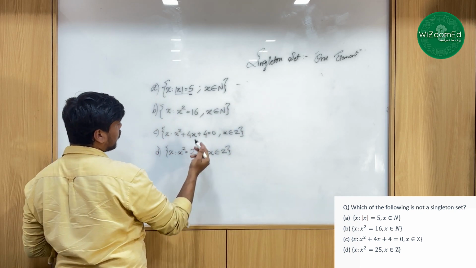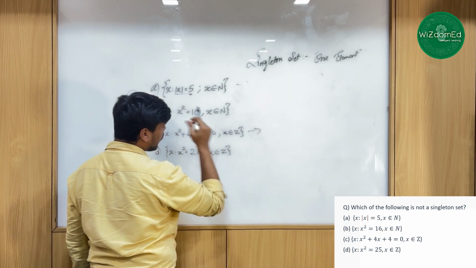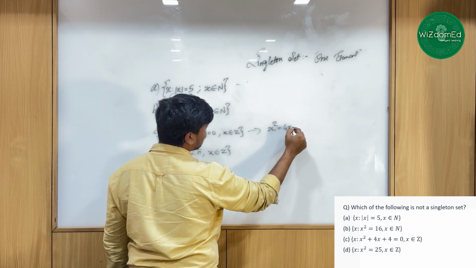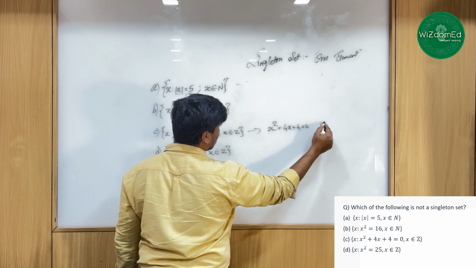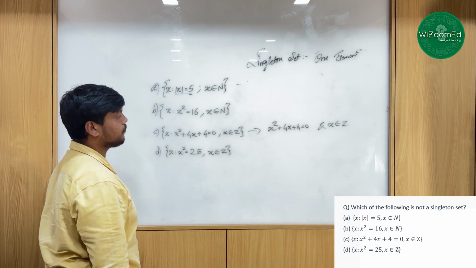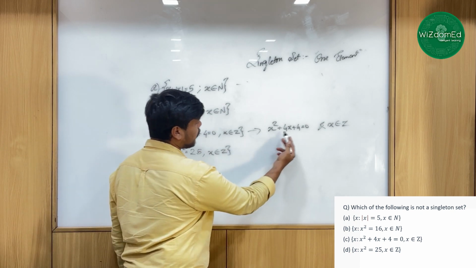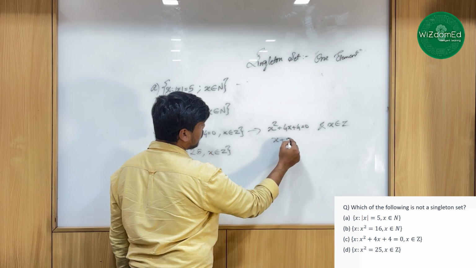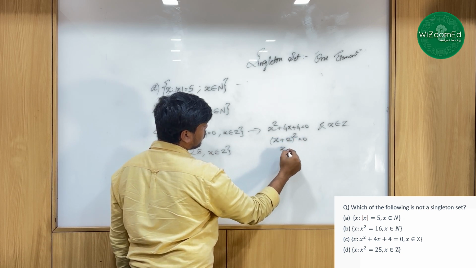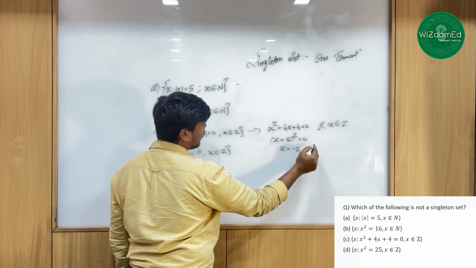Let's take a look at the third option. The condition given to me is x square plus 4x plus 4 is equal to 0, and x can be an integer. Now if I take a look at this particular equation, I know this is the expanded form of (x plus 2) the whole square, and if I further solve it, I'll get x is equal to minus 2 twice.